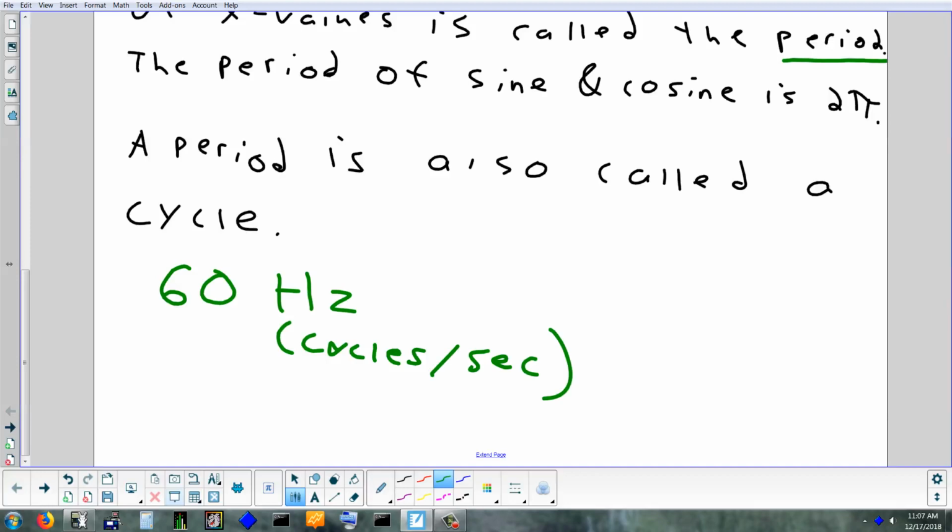A lot of them say 50/60 hertz, meaning you can plug it in a US outlet or you can plug it in a European outlet. It'll work in both. So that used to be more of a problem when people would travel to other countries. They didn't have devices that would work on both, like a hairdryer or something. Now, if you've got a hairdryer, there's probably a little switch you can turn on it to change the voltage to European versus US. But that's just an example where they use cycles. Okay.